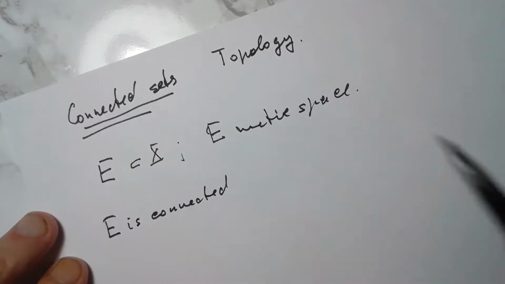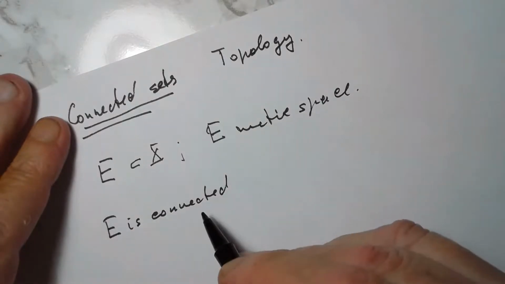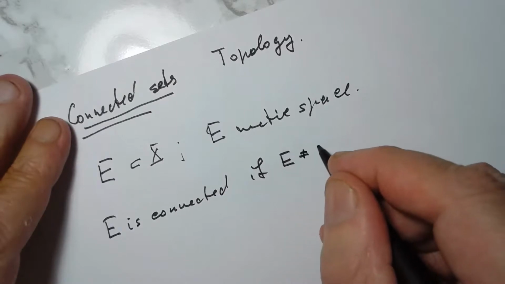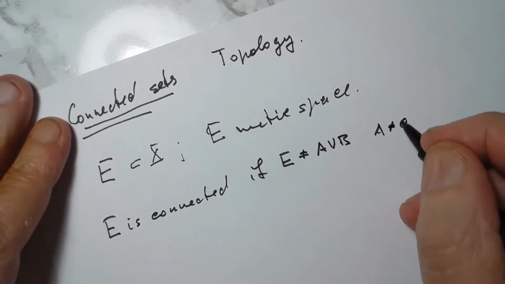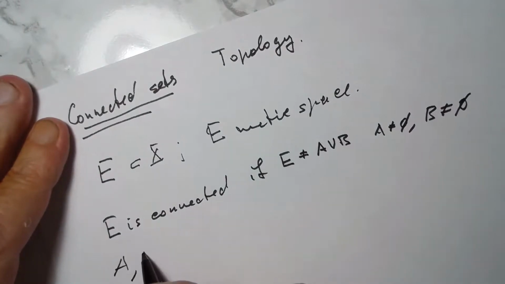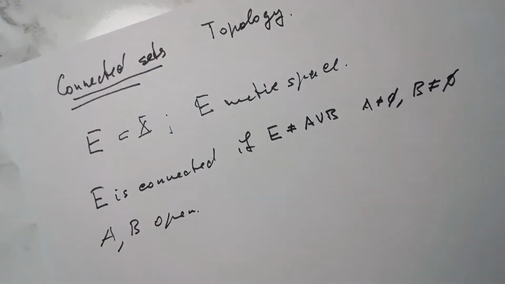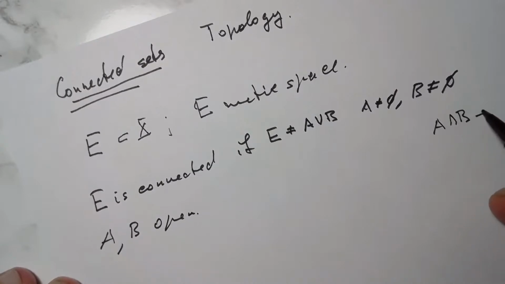Remember, if E is a whole metric space, then we know that this metric space is open, because every metric space is open. Then E is called connected if E is not equal to A union B, where A is not empty and B is not empty, and A and B are open. In other words, the set is called connected as a metric space if it cannot be written as a union of two non-empty open sets such that the intersection of A and B is empty.